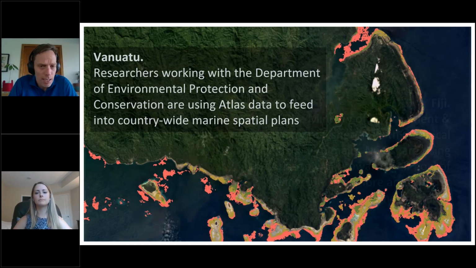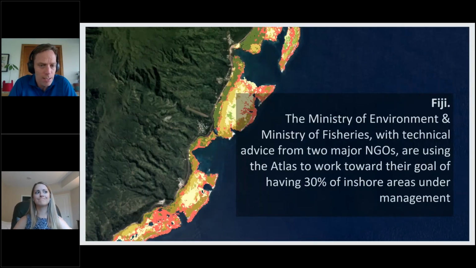And then the last one is Fiji. So if you think about the decision maker user that I talked about, we talked to the Ministry of Environment and the Ministry of Fisheries about how they might use the data. They're working on a 30% protection situation that would get under management by 2030.